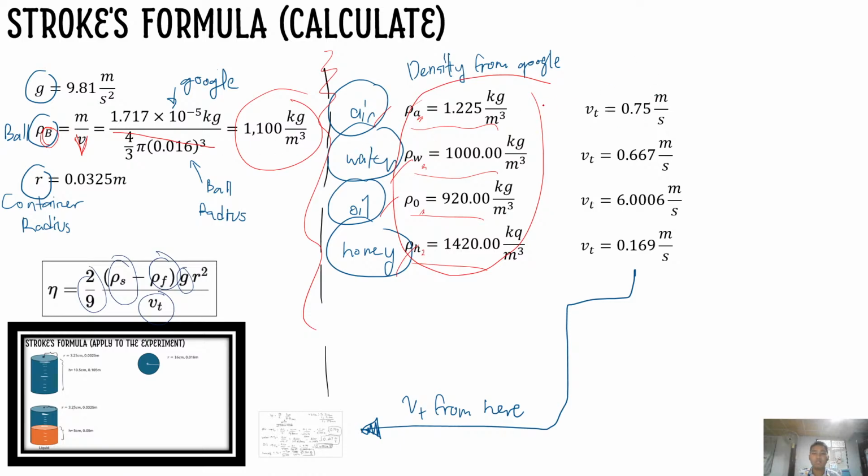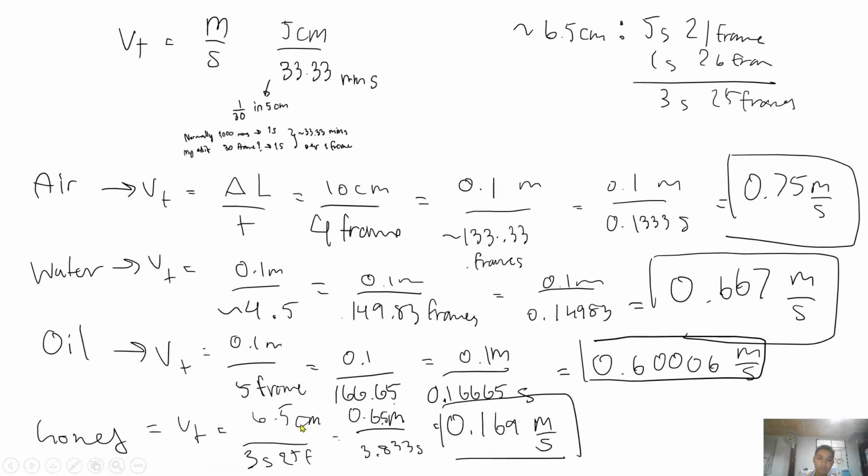Alright, moving on to the liquids. Each liquid has a different velocity. From my video, this is what I calculated: velocity is distance per second, and my video is 30 frames per second, so one frame is going to be around 33.3 milliseconds.